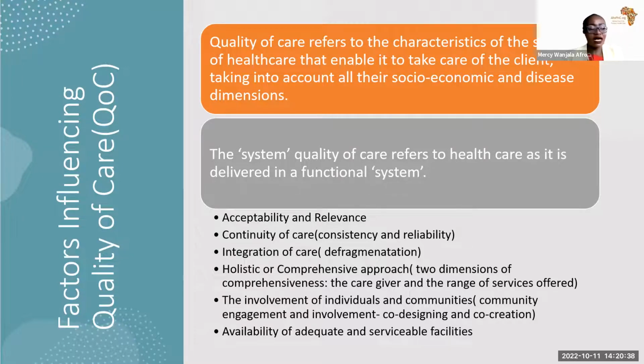So now this quality of care moves from just the services itself, coming down to the system and the way the system interacts with the client. And the system quality of care refers to healthcare as it is delivered in a functional system. And remember, a system is just a collection of parts which interact or which are intertwined.